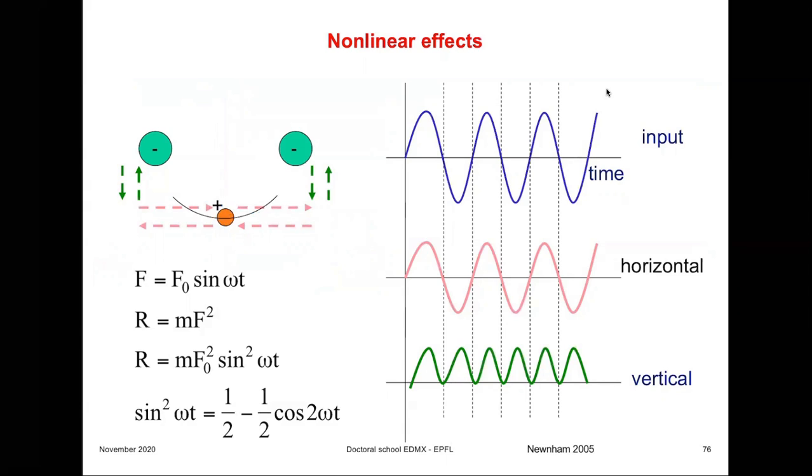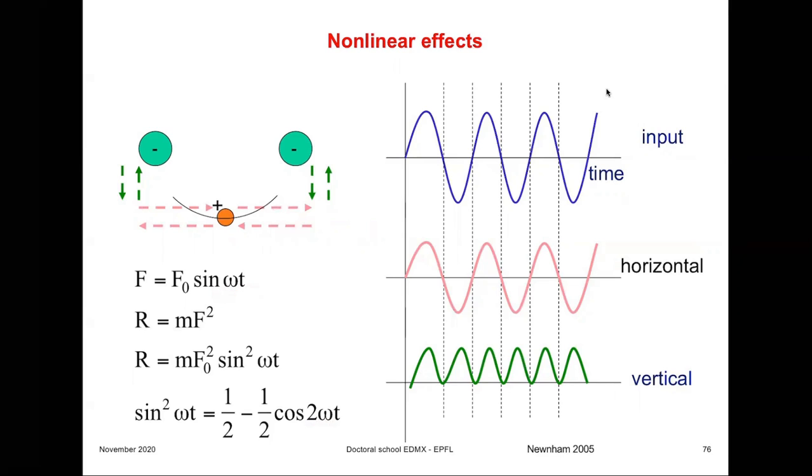So imagine that we apply a force which is sinusoidal with time, and that the response is the square of the force. We obtain this, and we can easily find out that sin squared omega t can be expressed with this formula. Note that for the response, we have twice the frequency of the stimulus.